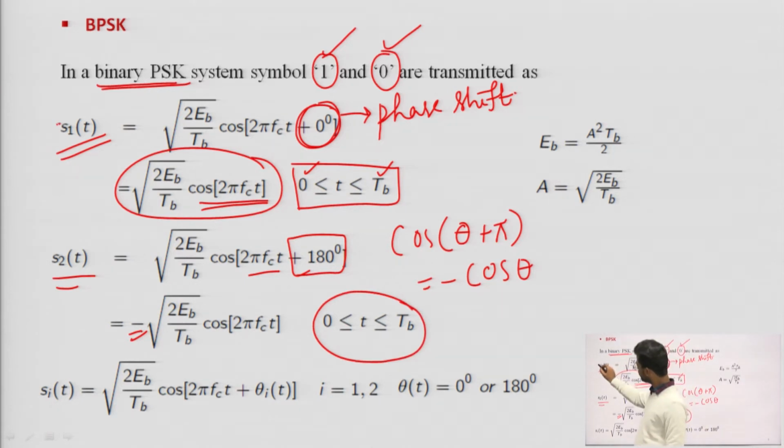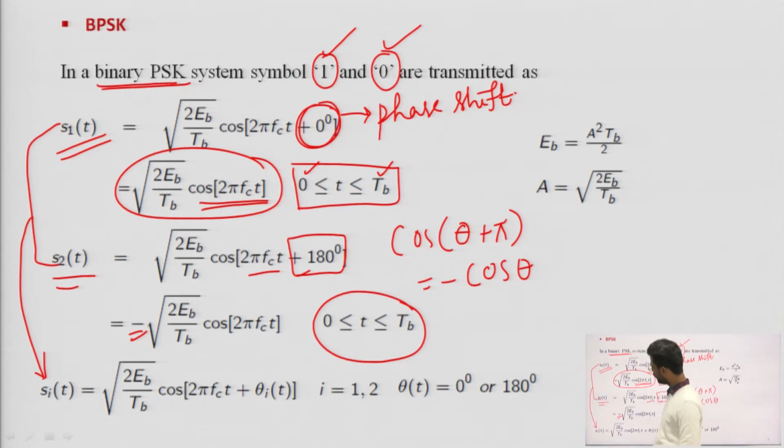So I can write in shortcut, that is summarize: s_i(t) = root 2 Eb divided by Tb cos 2 pi fc t. Instead of 0 degree and 180 degree, I can write theta_i(t), where i represents 1 and 2.